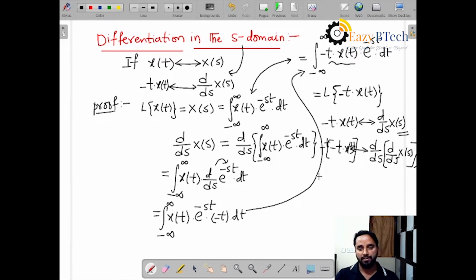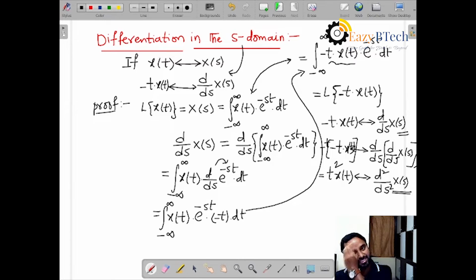If you simplify, it will be minus into minus, plus t square x of t. Its Laplace transform will become d square by ds square of X of s. So this is the property, differentiation in S domain.